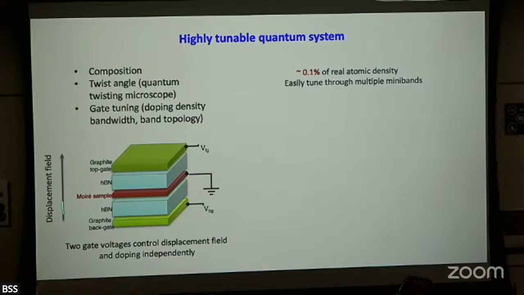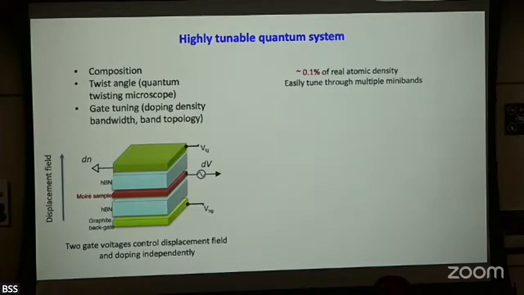And this can also be in situ controlled in a continuous fashion. So I just want to show you this continuous tuning, sweeping through multiple Moiré minibands, and also get back to some of the questions yesterday about the compressibility measurements.